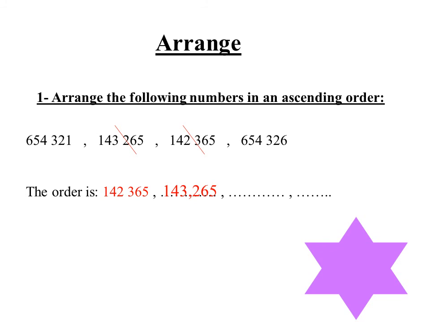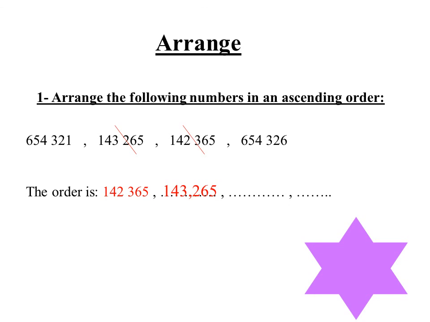Now we have two numbers and each number has 6 in its 100,000. So we'll compare the next digit. There is 5 in the 10,000 in each. So we will compare the third digit, which is 4 in each. Then the next, 3 here and 3 there.